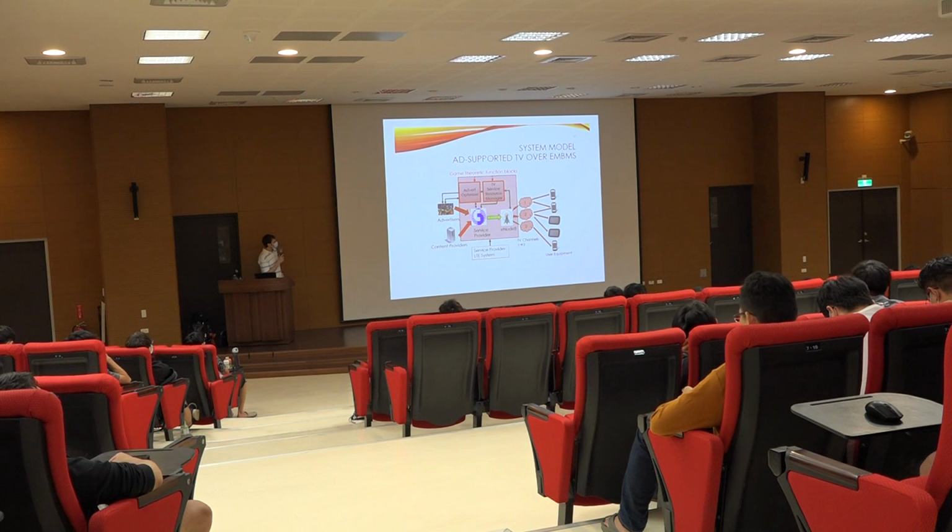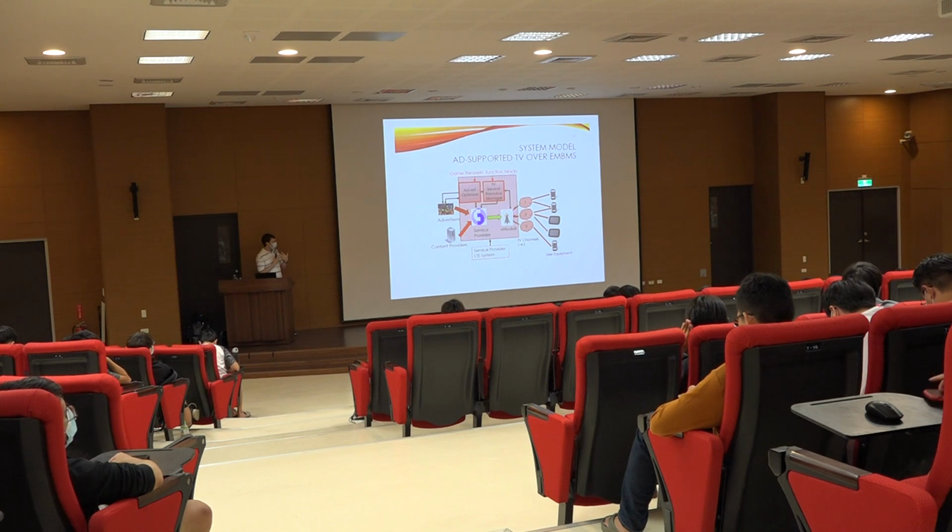Now, what if we wanted to support ad-supported TV over eMBMS? Essentially, you as an end consumer don't pay for TV. Instead, the advertisers pay for their advertisements to be broadcast. And possibly the service provider pays the content provider. In today's context, what does this look similar to?